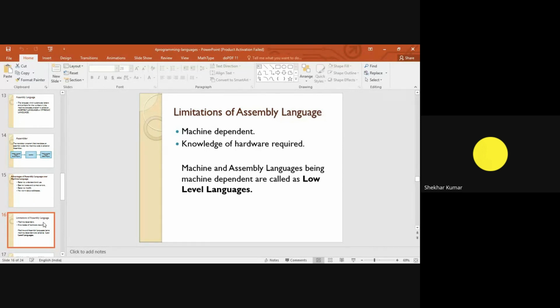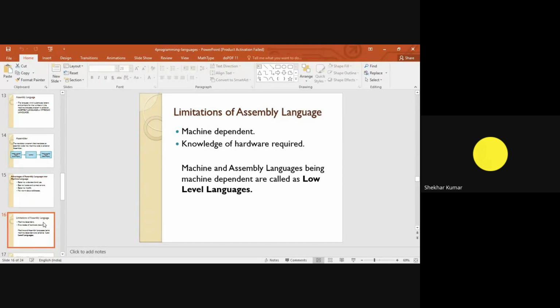Sometimes it is hard as compared to a high level language. A technical person who understands these codes, these instructions, these mnemonics, only that person can understand this type of language, because this is not completely an English-like language.